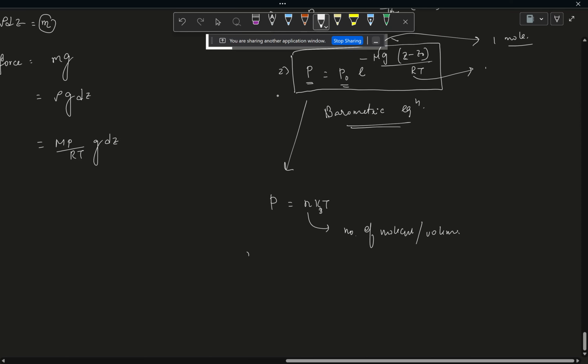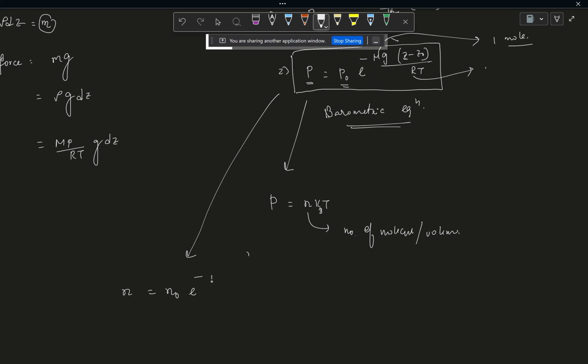So this formula is equivalently valid for N also, because the other things are just constants. Because of this you can also write N equal to N naught e to the power of minus Mg z minus z naught by RT.